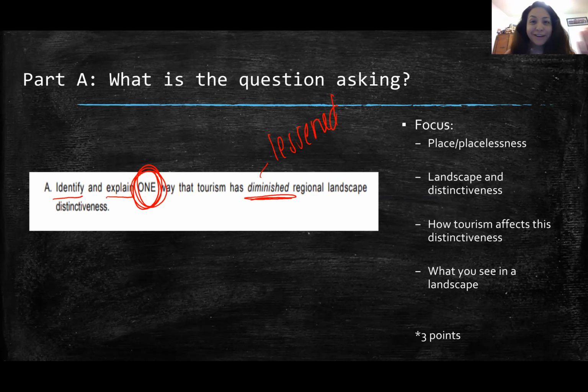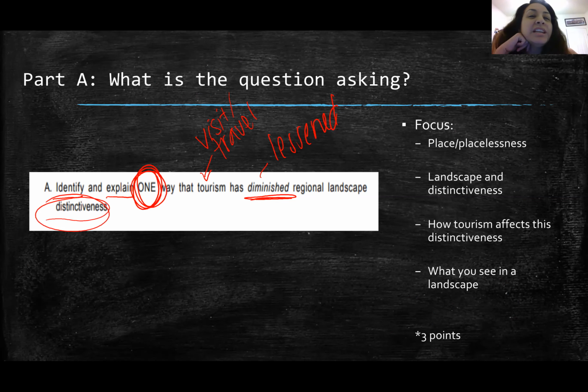I'm trying to find another synonym and my mind is going blank because it's like 11 at night. Okay, so how has tourism, well, what the heck is tourism? It's when people go and visit, right, and they spend money and they look at the culture of an area. So it's when you visit, travel. All right, so tourism has diminished or lessened regional landscape distinctiveness.